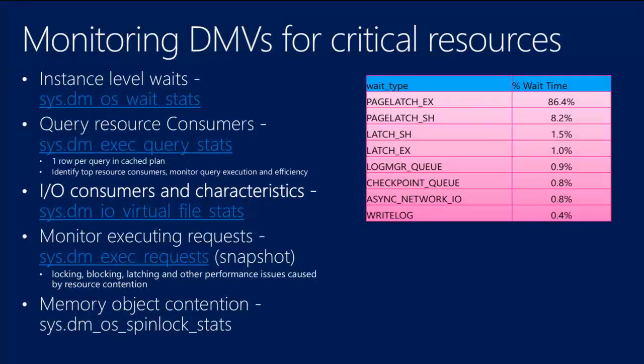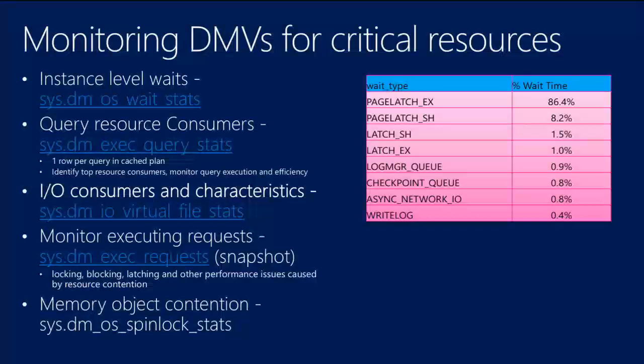Another very useful one is sys.dm_exec_query_stats, where for every query in the plan cache you have one row. It's a really good way to figure out the top resource consumers and understand what's happening with query execution and how efficient it is. Another one, particularly when we're interested in the I/O subsystem, is sys.dm_io_virtual_file_stats.